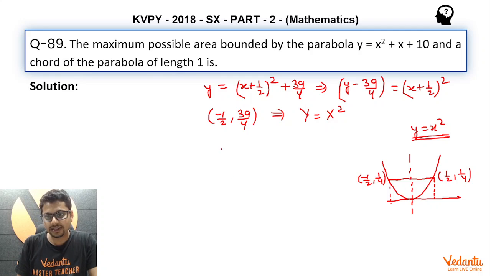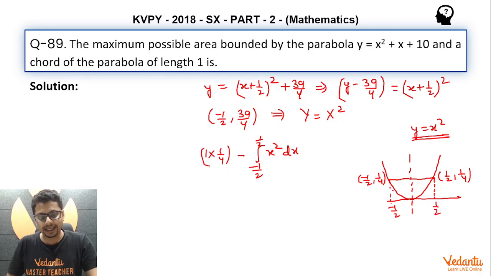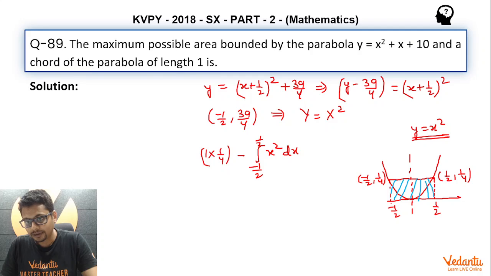So what we want essentially turns out to be this rectangle has length 1, and breadth or height is 1 by 4, minus the integral of x square dx from minus half to half. So what I'm saying is the area that we want is this area minus this area. That's what the area between this chord and this curve y equal to x square will be.